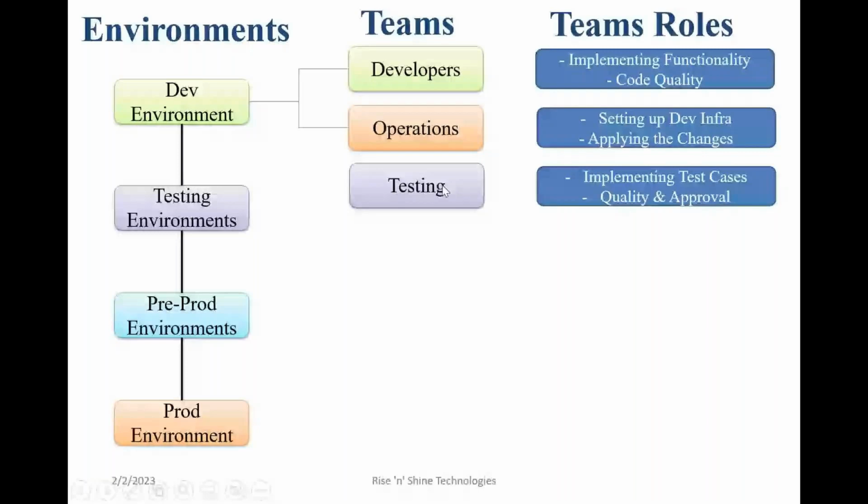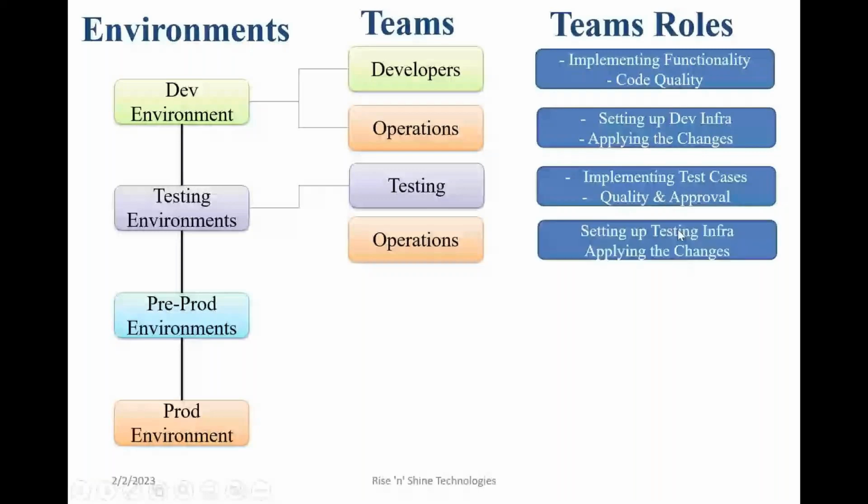If they don't approve, the development management team and the testing management team need to sit together, evaluate what actions can be taken to bring the quality, and bring the process back. The testing team runs the test cases, so testing servers are required. Which team sets that up? The operations team sets up the testing infra, and whatever changes were made in the development environment, they apply to the testing servers.